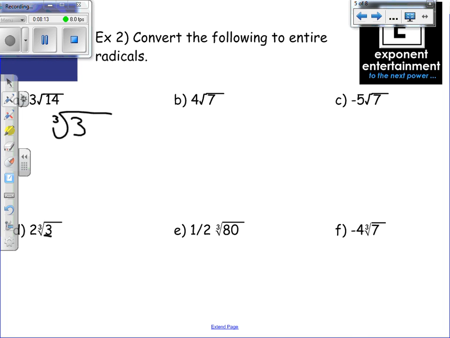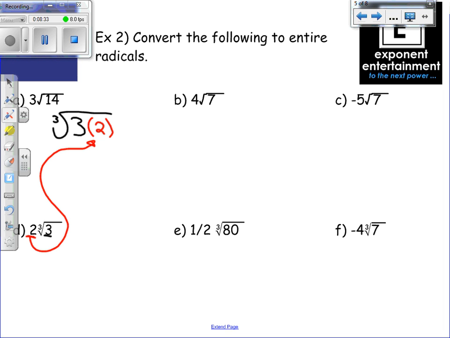The 2, let's bring it up in here. And we're going to use brackets again. Now here's the trick. When we were doing square roots before, we were squaring things when we brought them underneath.